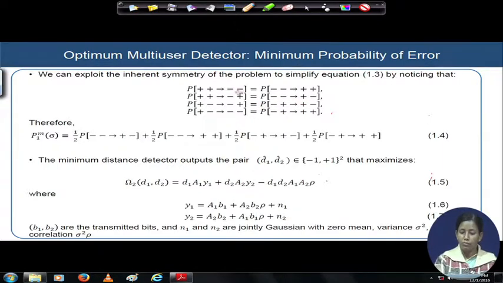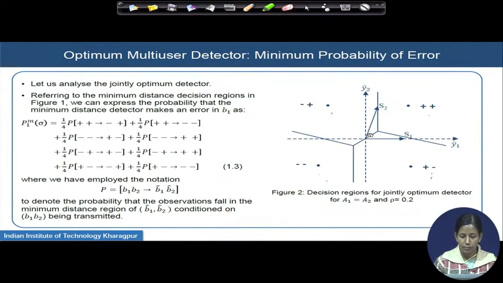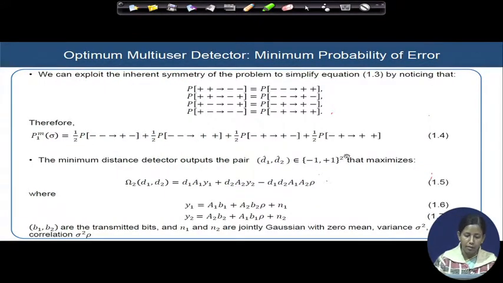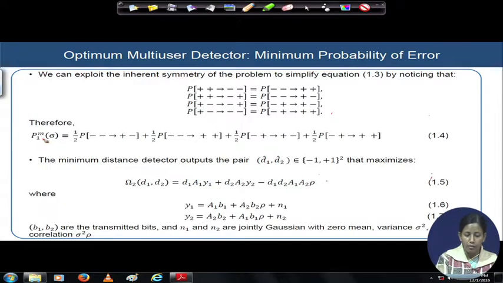So, if I substitute this into equation 1.3, we will end up with the whole expression after substitution, where half of the time, if minus minus is transmitted, it will be detected as plus minus, and half of the time minus minus is transmitted but detected as double plus.